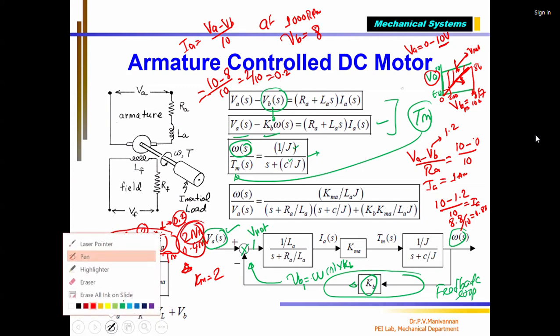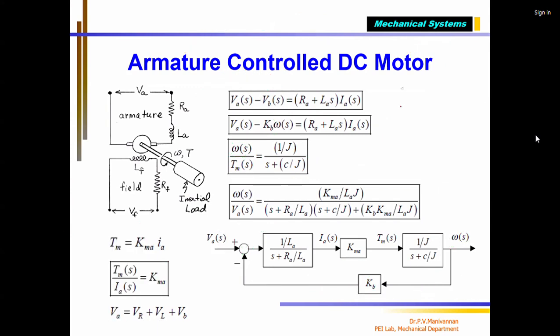So while designing the motor, an armature control motor, the manufacturer decides that VB is always lesser than VA. How much lesser depends on how much torque you want at full speed. Initially, more torque will be there. As speed increases, because of back EMF, the motor torque will reduce in armature control.